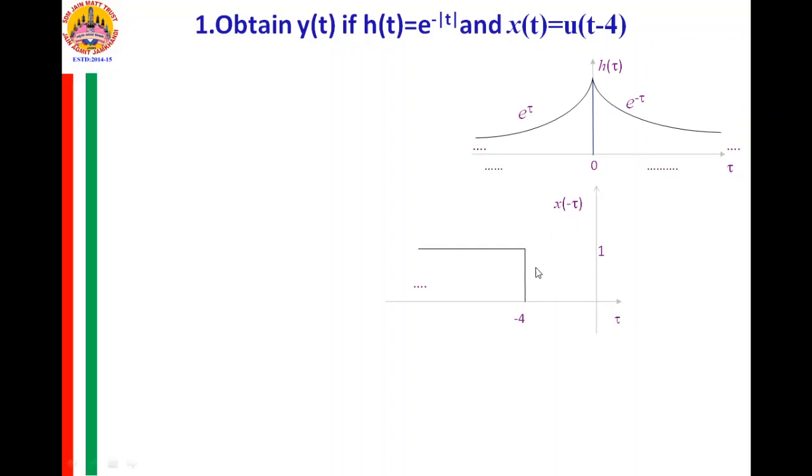Now why have I taken this x of minus tau? I will keep h of tau stable, and I will be moving this x of t minus tau along this axis, x axis. For t less than 0, we generally left shift this x of minus tau, and for t greater than 0, we right shift this x of minus tau.